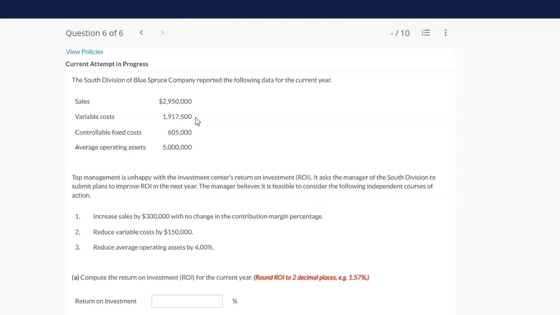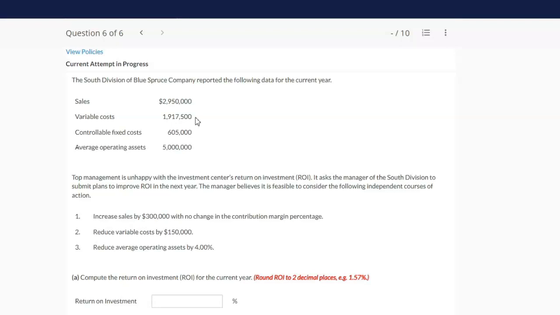The South Division of Blue Spruce Company reports the following data for the current year. Top management is always unhappy with the investment center's return on investment. It asked the manager of South Division to submit plans to improve ROI next year.